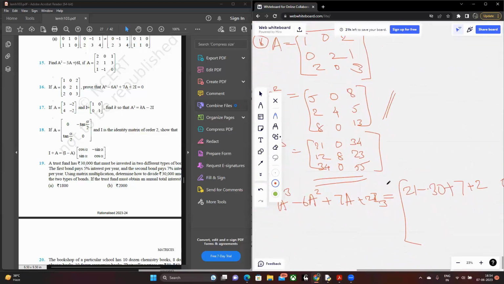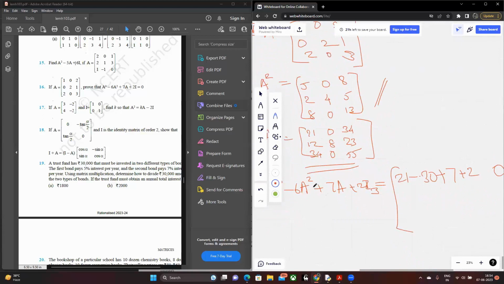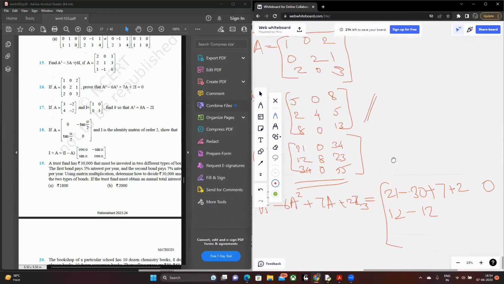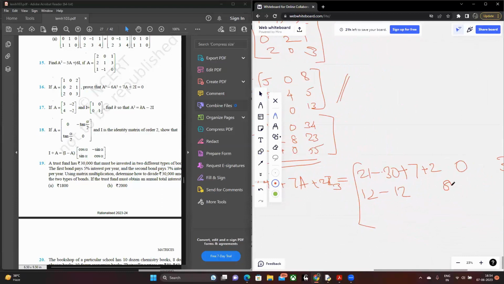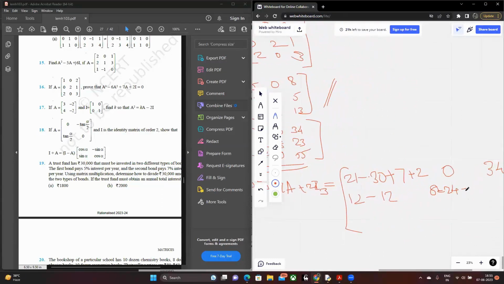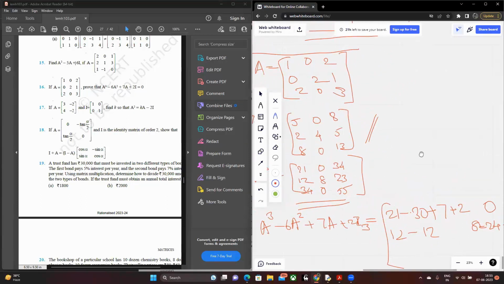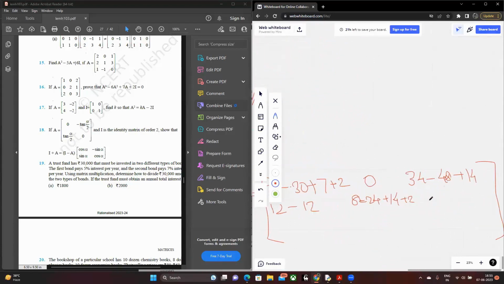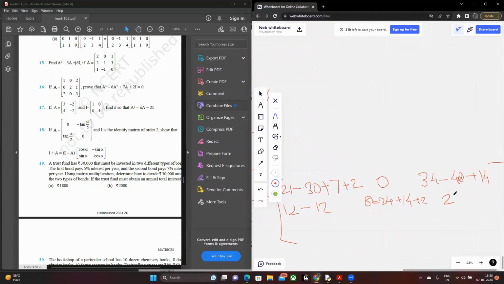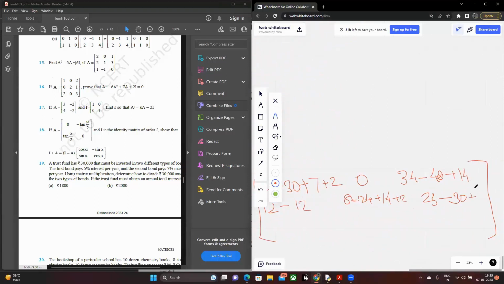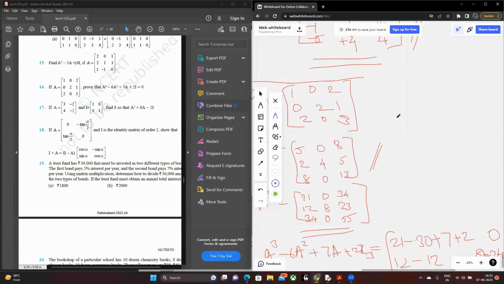Then you have the middle digits. This is going to be A cube, that is 12, minus 6 2s are 12. Then you have the middle digit, that is going to be 8, minus 4 6s are 24, plus 7 times 2, that is plus 14, plus 2. And finally, you have 23, minus 6 times 5, that is 30, plus 7, because it's 7 times 1.